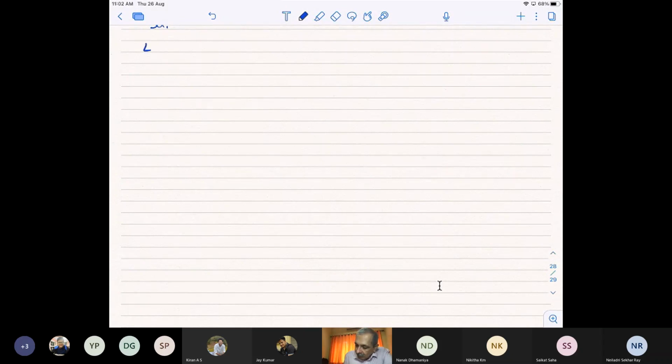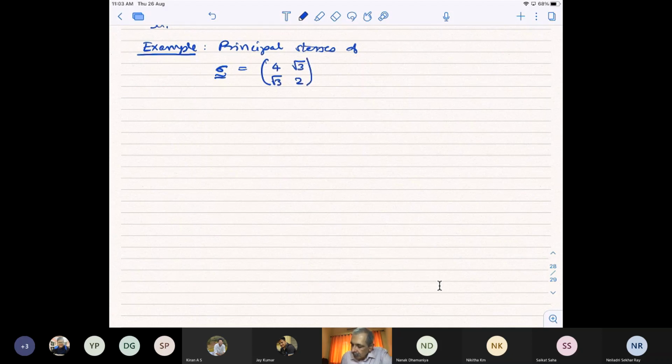And so now if we do a simple example, what are the principal stresses of sigma given by, again I'll just write down a simple one, 4, root 3 and 2.